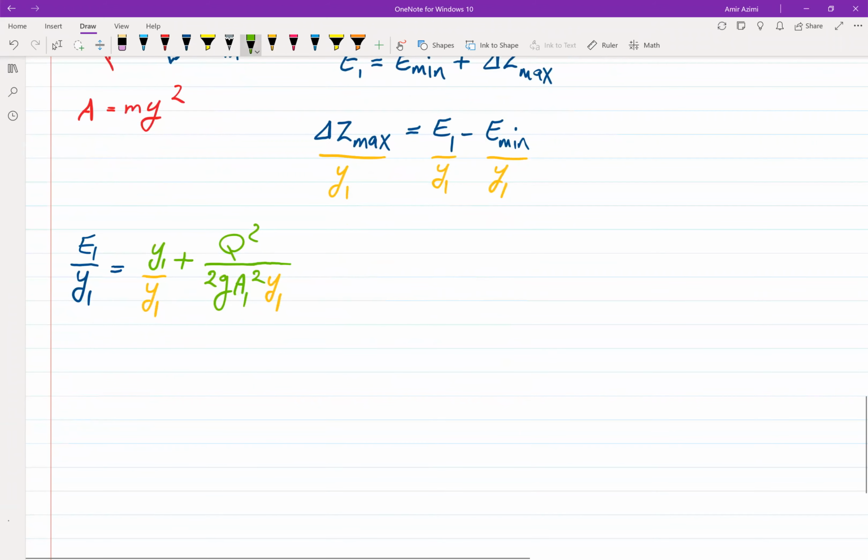Now I can also write the relationship for the Froude number in section 1. So F1 squared is equal to Q squared T divided by G A1 to the power of 3.